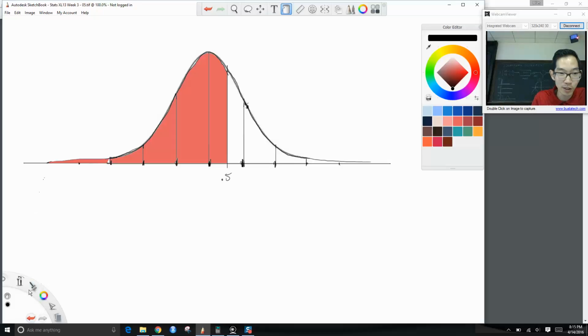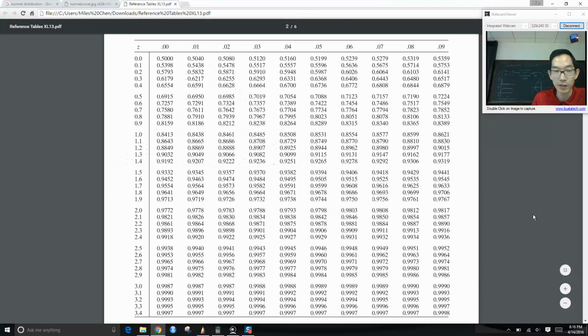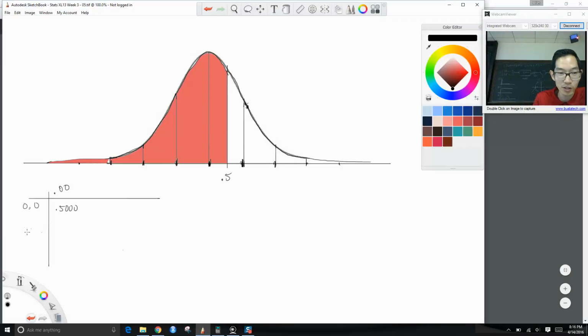So from the table, if we look up 0.0 in the column 0.00, we have 0.5000, and this means the area shaded to the left of 0 is 50%. Then if we went to the row 1.0 and the column 0.00, the area shaded to the left is 0.8413, which matches our estimate of 84%.